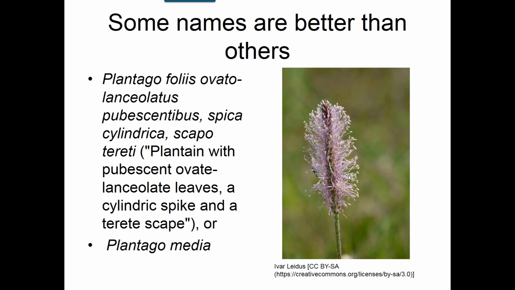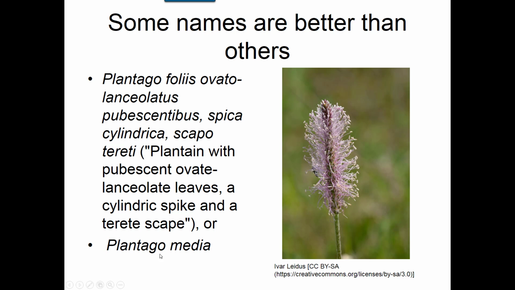Back in the 1700s, it was called this, Plantago folius ovado lanceolatus pubescentibus spica cylindrica scapo tereti, which kind of translates into plantain with pubescent ovate lanceolate leaves, a cylindric spike, and a terete scape. So this is really cumbersome, and this is how we were communicating about plants in the 1700s.